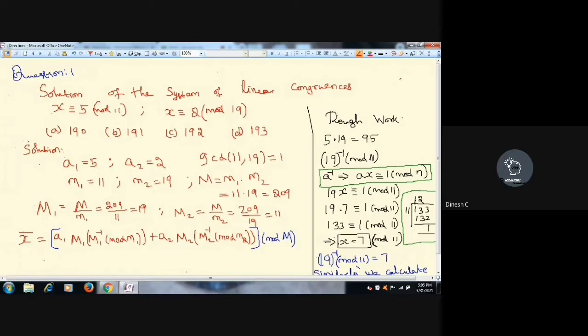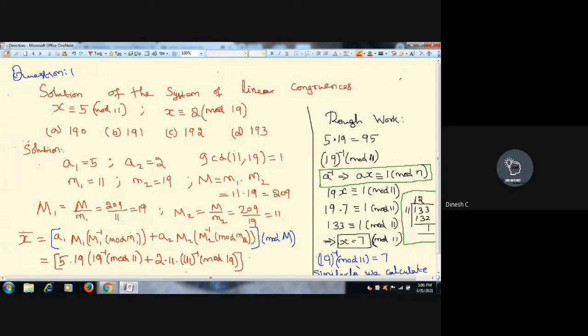Overall, we have to take mod capital M. So a1 equals 5 and capital M1 is 19, M1 inverse is 19 inverse mod small m1, that means mod 11, plus a2 is 2, capital M2 is 11, M2 inverse is 11 inverse mod small m2, that is mod 19.